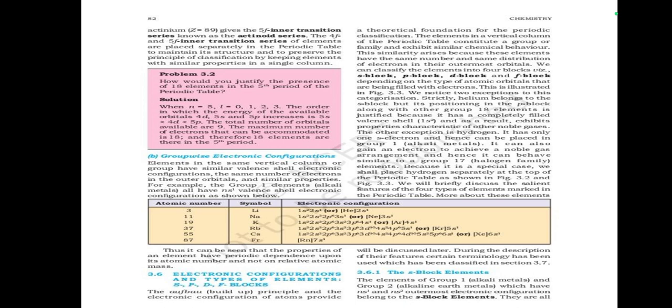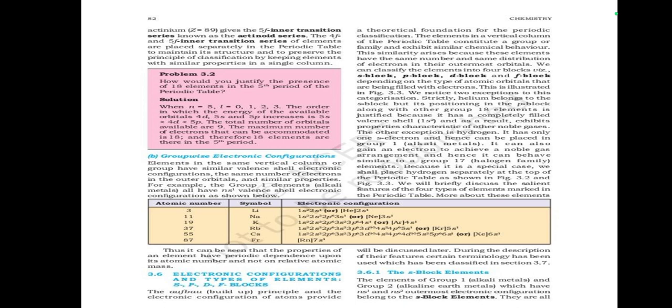We notice two exceptions to this categorization. Strictly, helium belongs to the s block, but its positioning in the p block along with the other group 18 elements is justified because it has a completely filled valence shell, 1s2, and as a result exhibits the properties characteristic of other noble gases.